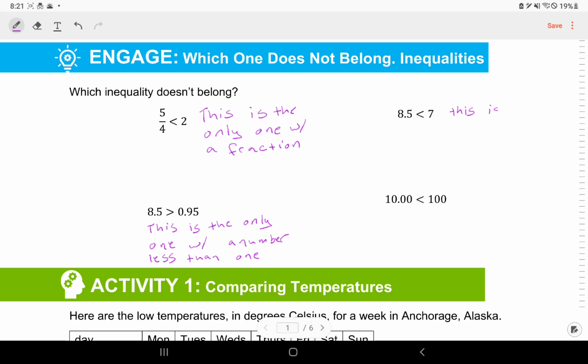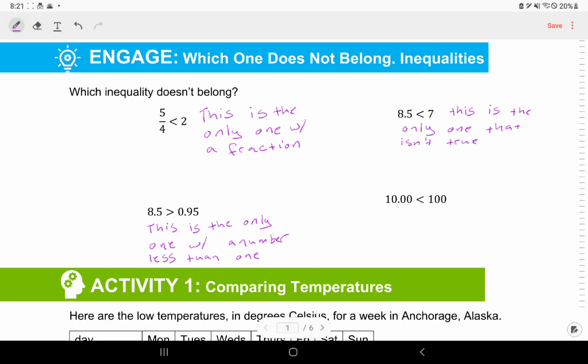This is the only one that isn't true, because 8.5 is not less than 7. 7 is less than 8.5.